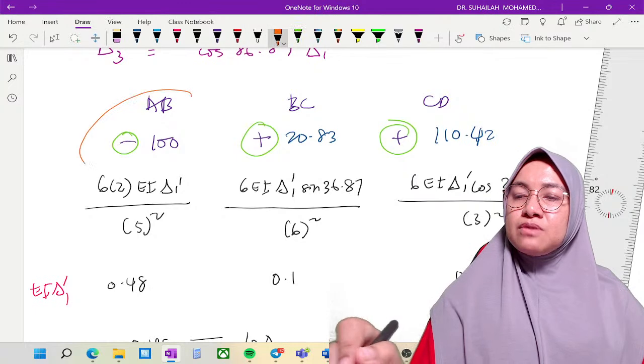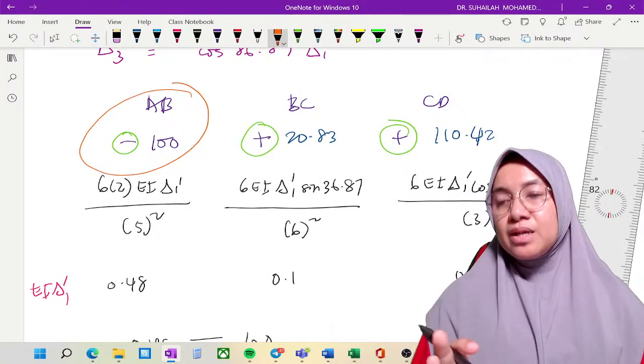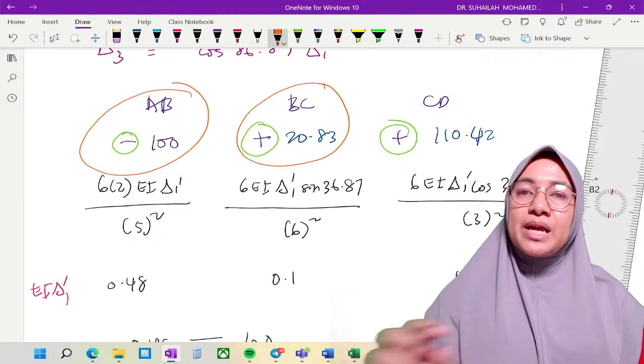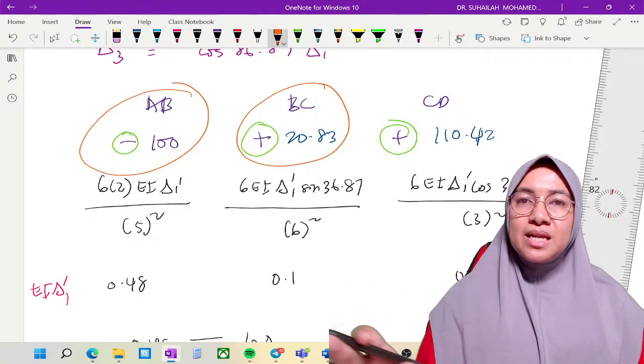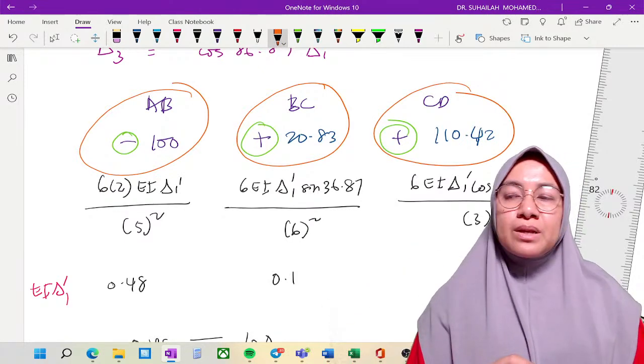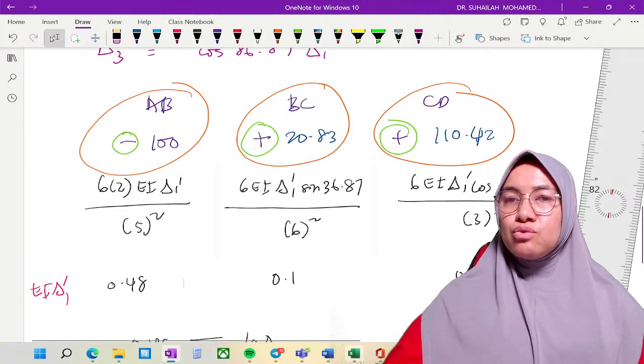So for FEM AB, FEM BA, the value is negative 100, negative 100. FEM BC, FEM CB is positive 20.83. FEM CD, FEM DC is 110.42. So this value we will put into table number 2.